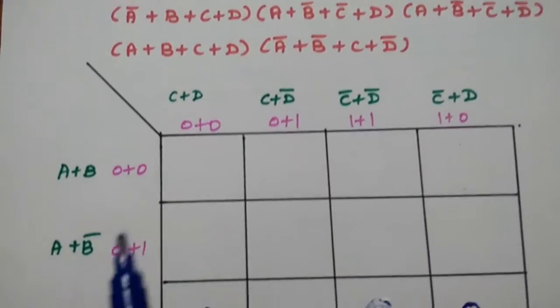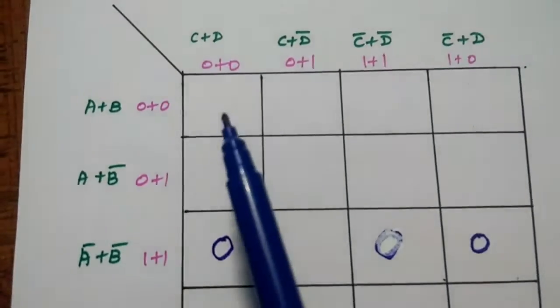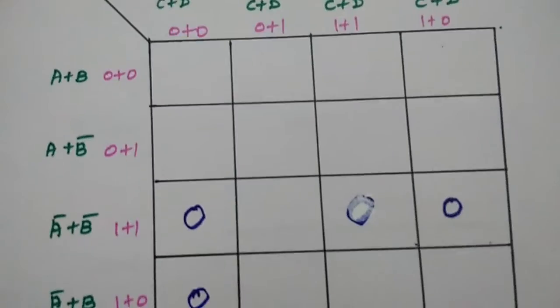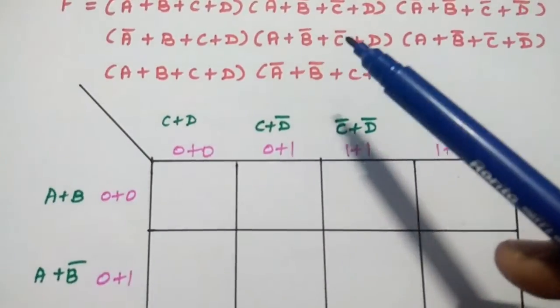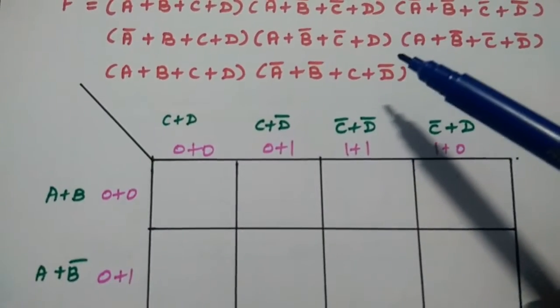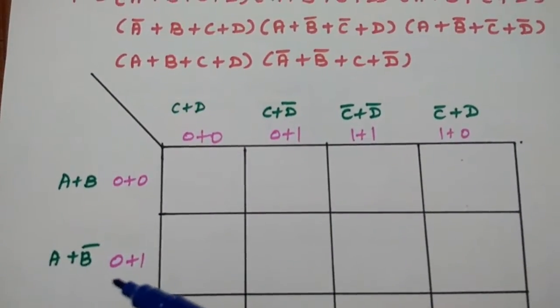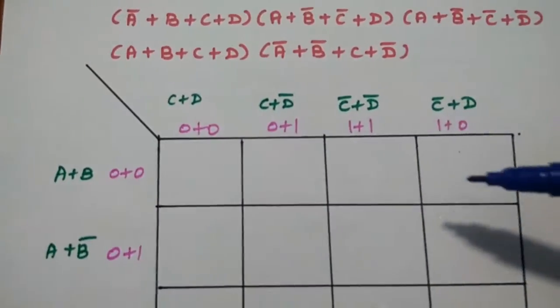So here A bar plus B means what? Fourth row. A bar plus B and then C plus D means first column. So place 0 here. Then A plus B bar plus C bar plus D. Okay. So here A plus B bar means second row. Correct? A plus B bar means second row. C bar plus D means fourth column.